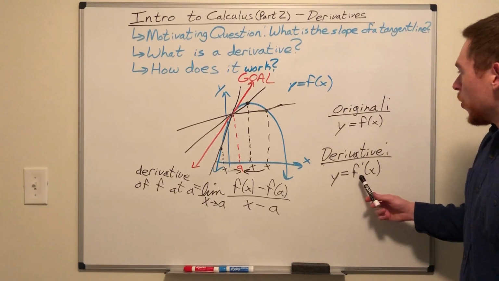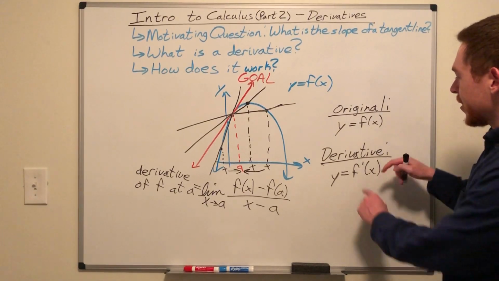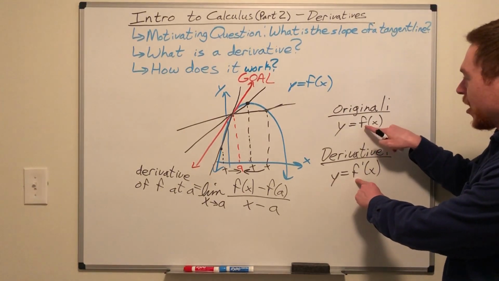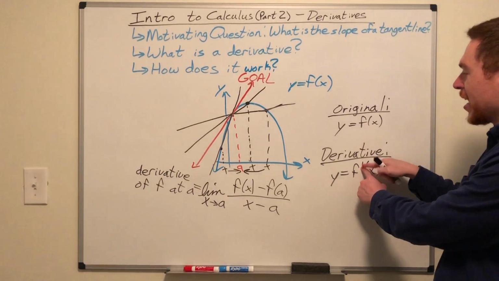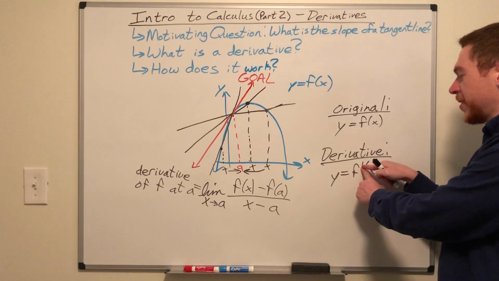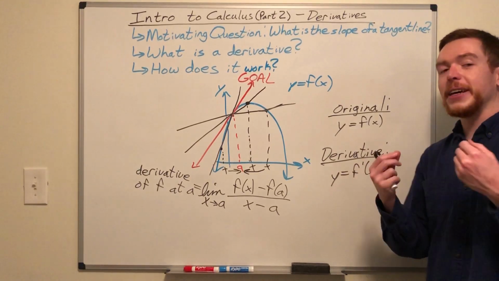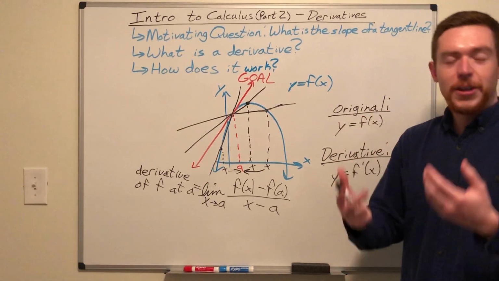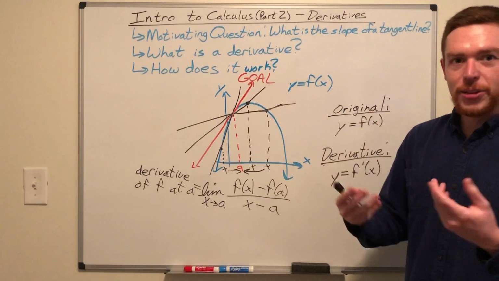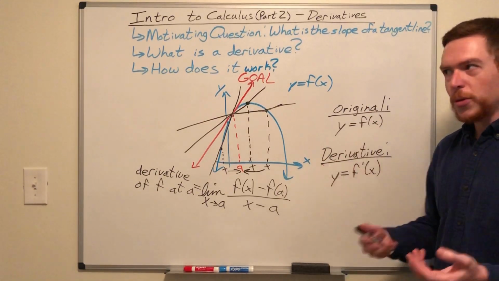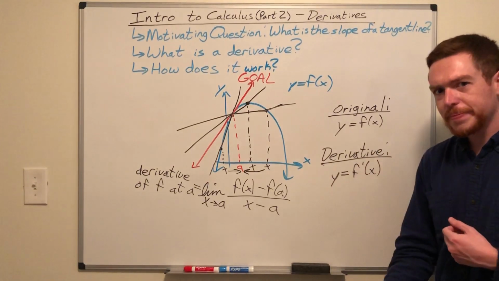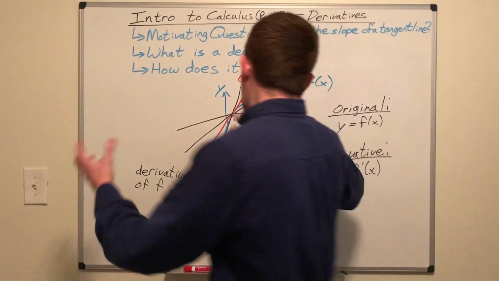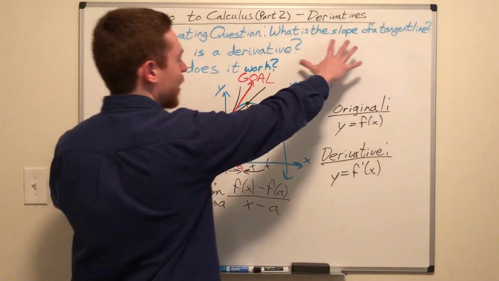And so we use the notation f prime because the f is there to say, hey, my original was f, but the prime says I'm different. I came from f, but I'm different. And in particular, the prime tells me that I took the derivative, i.e. I found the slope of the tangent line, or the rate of change, as I mentioned earlier. Does that make sense?